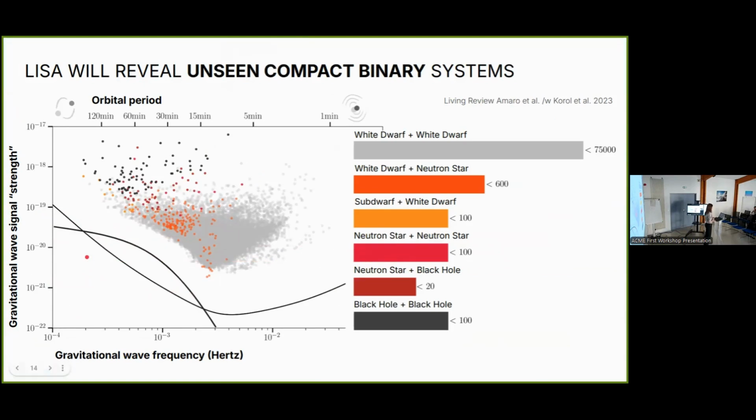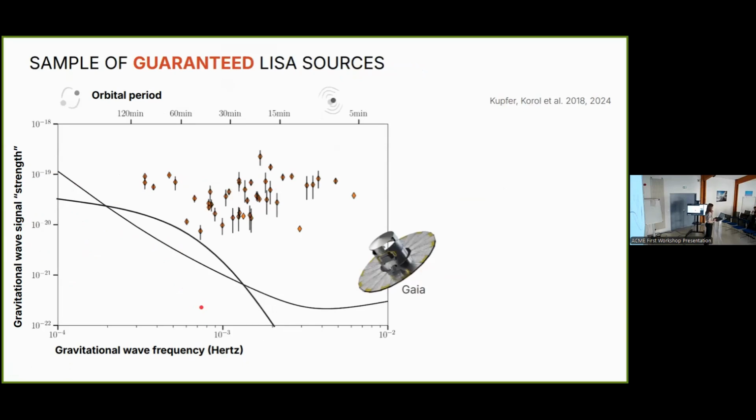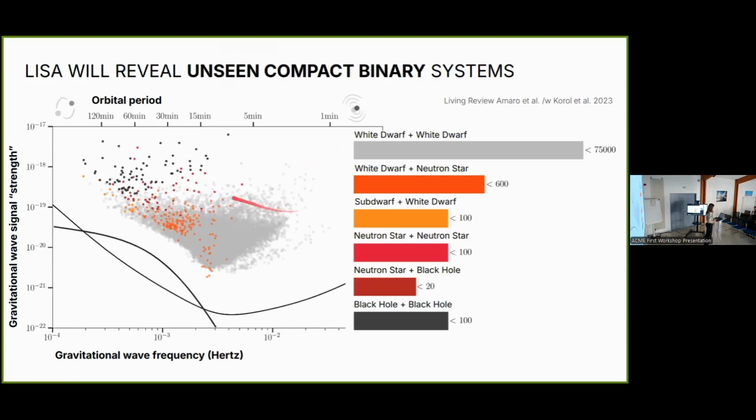For instance, some models have the binaries pile up outside the LISA band, so you don't have the foreground because there are not enough of them. But then, coming back to verification binaries, those models do not reproduce the number of verification binaries. So we are probably in a situation in which there will be some foreground, but it is still uncertain how much of it there will be.